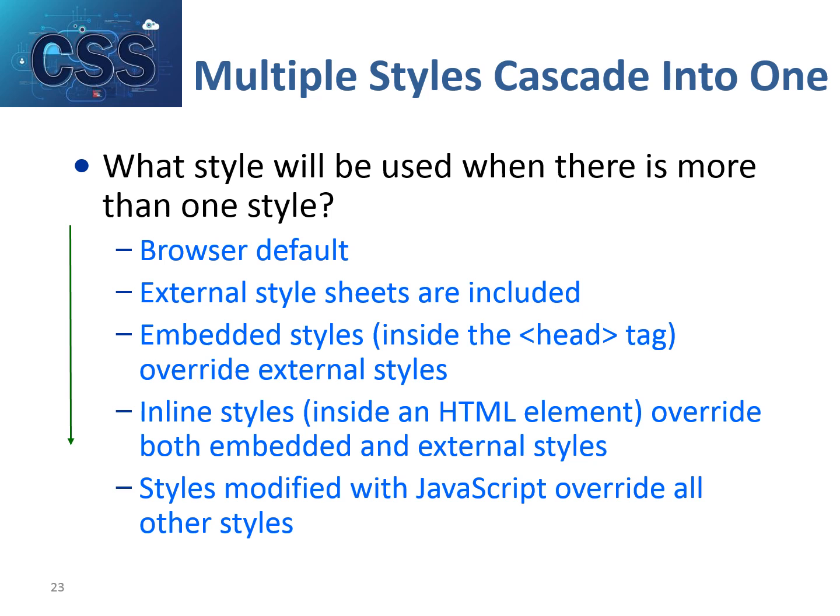This explains which style is used if more than one style is there. We have different types of styles, like browser default, external style sheets, internal style sheets, inline, JavaScript.